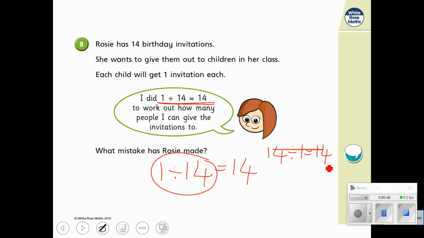As she wants to give 14 invitations to children in her class, each child will get 1 invitation. Going backwards, she should have done 14 divided by 14, which equals 1. Okay? She had 14 invitations. There's 14 children obviously in her class, so 14 divided by 14 is 1.